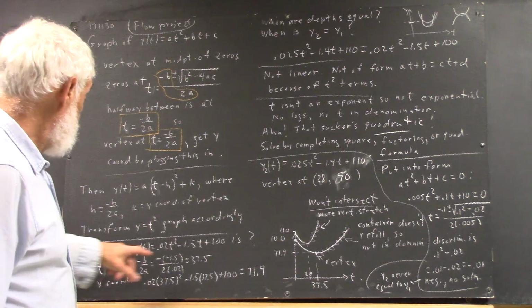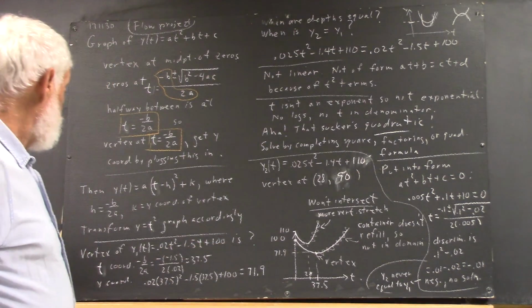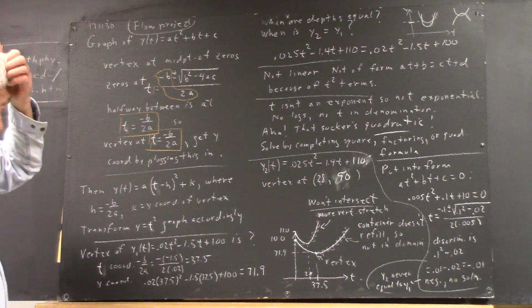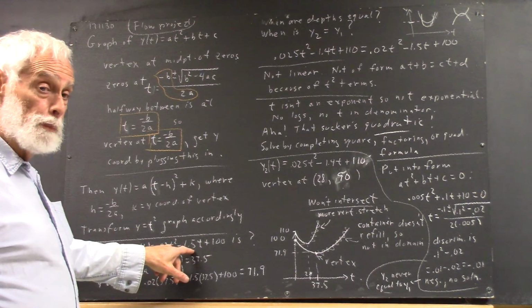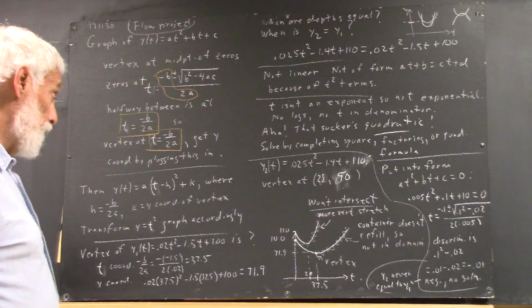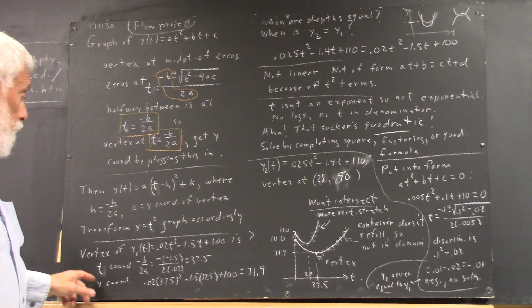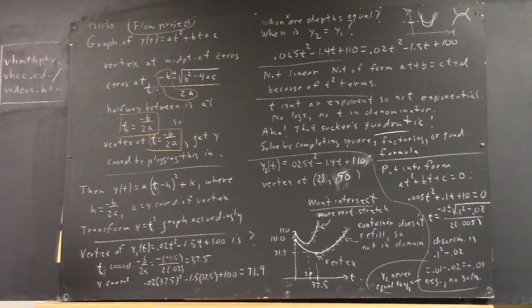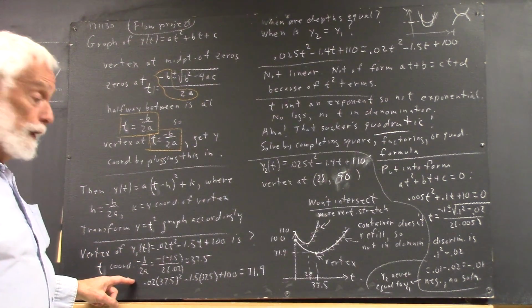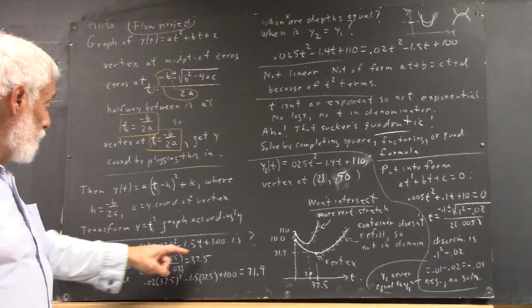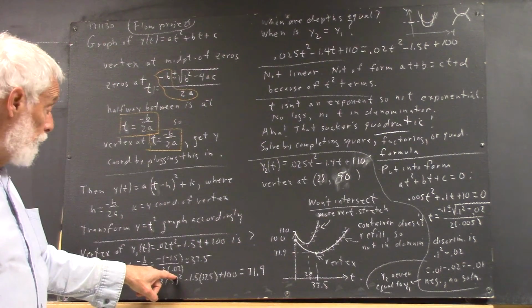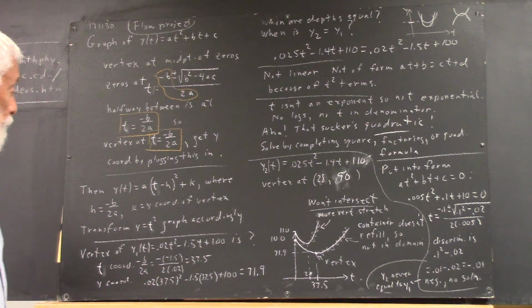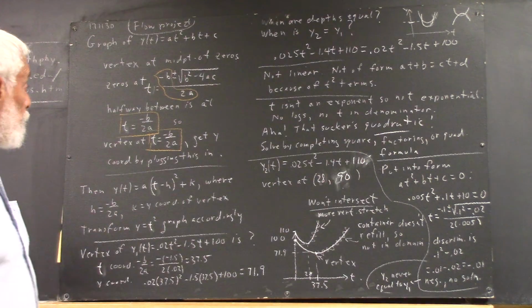So we should be able now to graph this function, and just going over the steps again. a is 0.02, b is negative 1.5, c is 100, so that our t coordinate of our vertex is negative b over 2a, and that's going to be the negative of our b, which is negative 1.5, divided by 2 times 0.02. That comes out 37.5. The y coordinate of the vertex, what do we do?